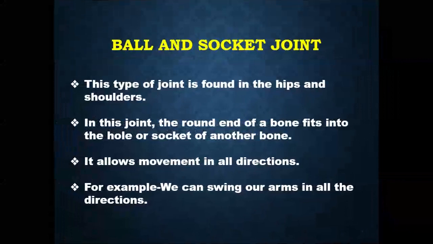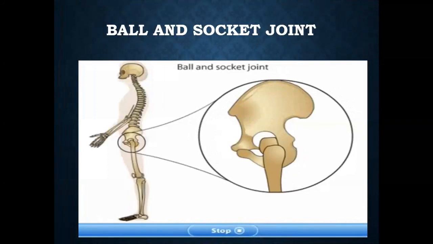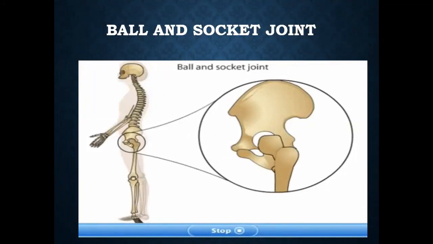For example, we can swing our arms in all the directions. So children, this is all about the ball and socket joint. It is found in hips and shoulders, and it allows movement in all the directions.